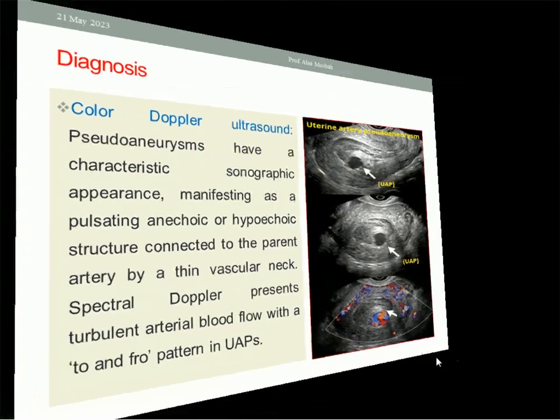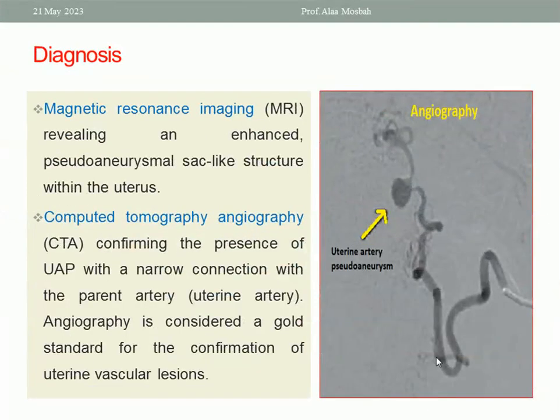Okay? What else in imaging? Magnetic resonance imaging, revealing an enhanced pseudoaneurysmal sac-like structure within the uterus. What is next in imaging? Computed tomography angiography.